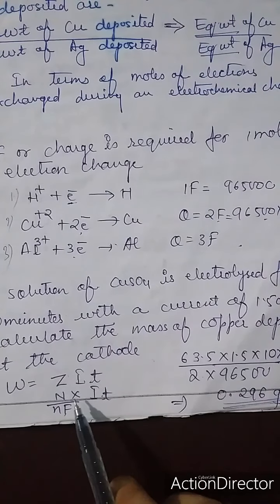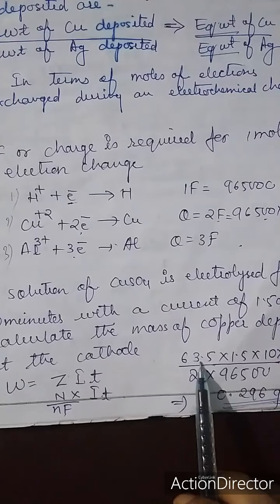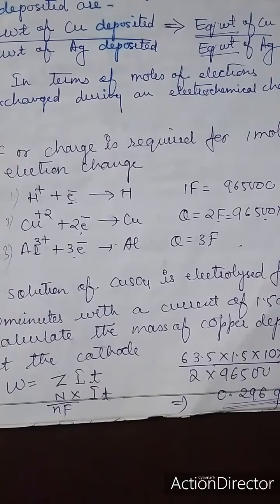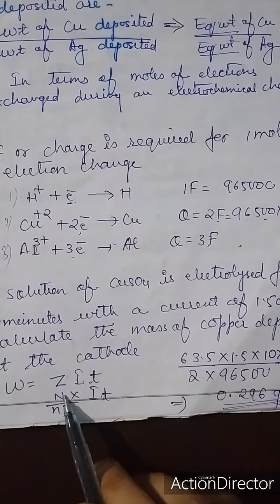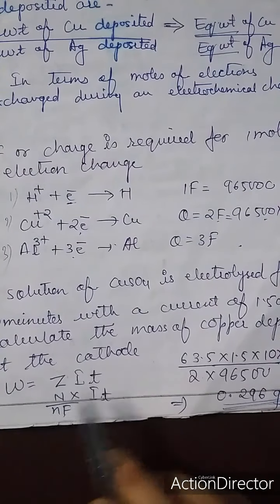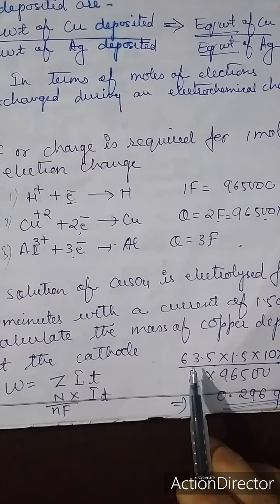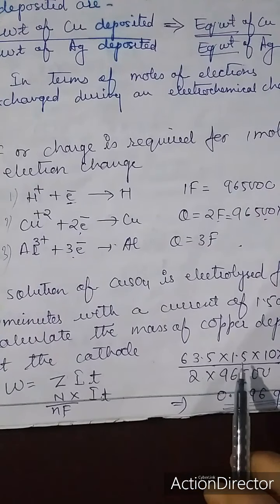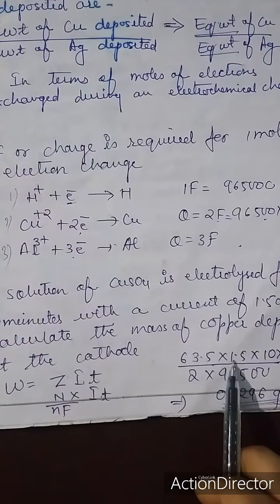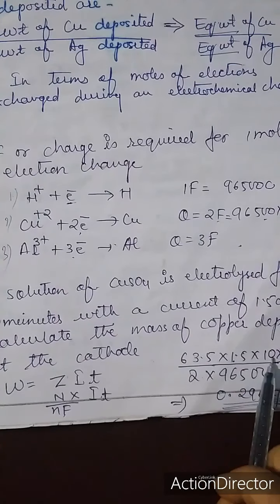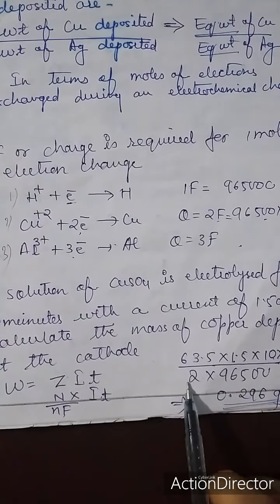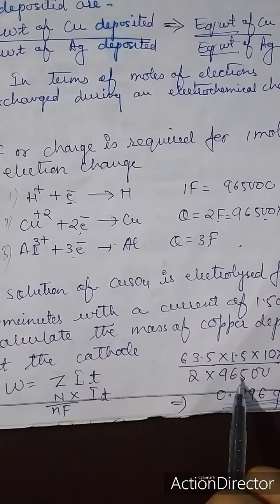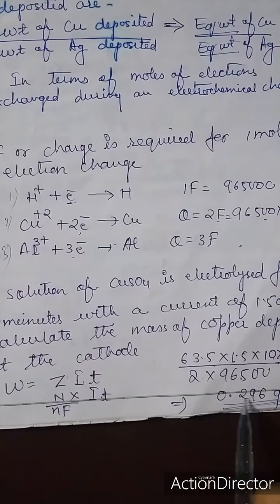So we'll put the values. The molecular weight you will take as 63.5, into the current 1.5, and time 10 minutes, meaning 10 into 60, upon n, which is 2, into 96500. So you are getting 0.296 grams.